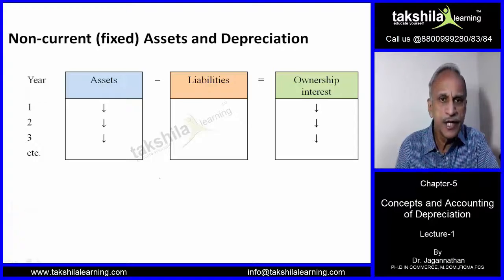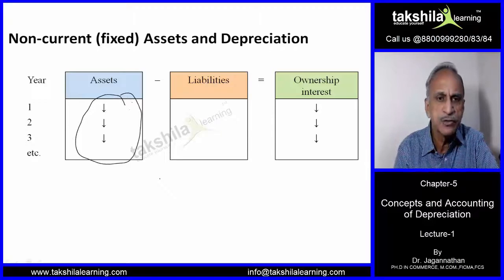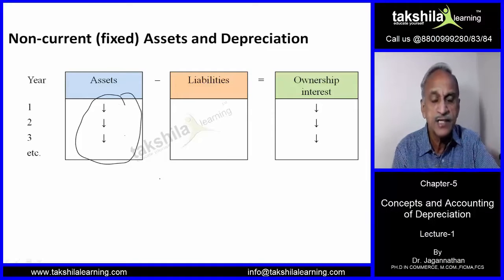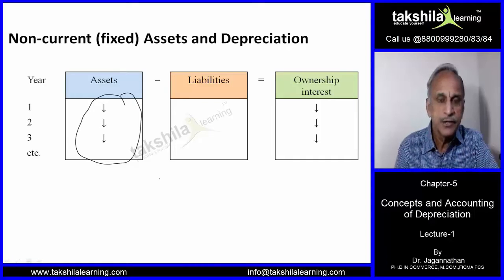So when you depreciate, as you saw in my earlier example, it gets reduced. First year by 2 lakhs, second year by 2 lakhs, third year by another 2 lakhs. So by the third year, 6 lakhs you have reduced, right? So these are assets minus liabilities.